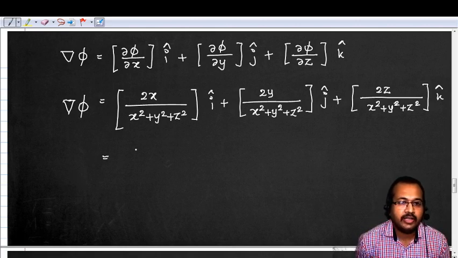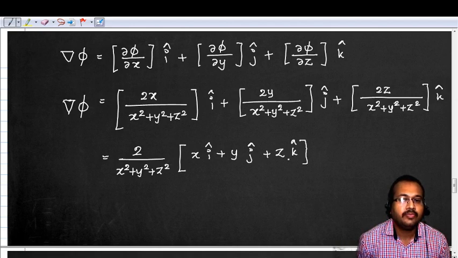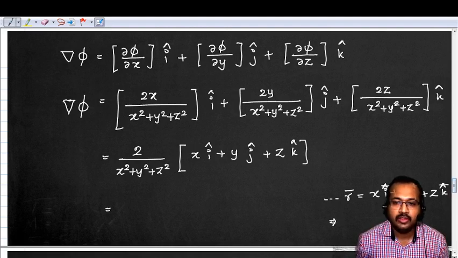We can simplify it as 2 upon x square plus y square plus z square into x i cap plus y j cap plus z k cap. Since r bar is equal to x i cap plus y j cap plus z k cap, the magnitude of this vector r bar is equal to the square root of x square plus y square plus z square.